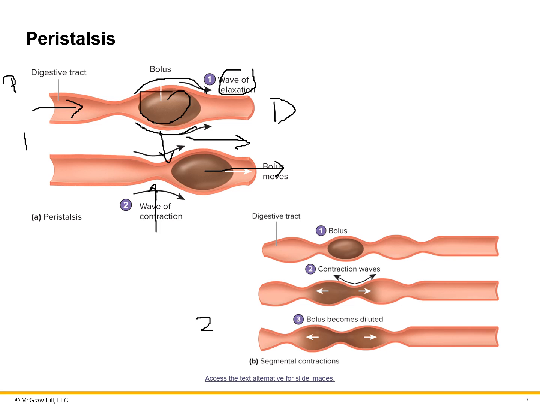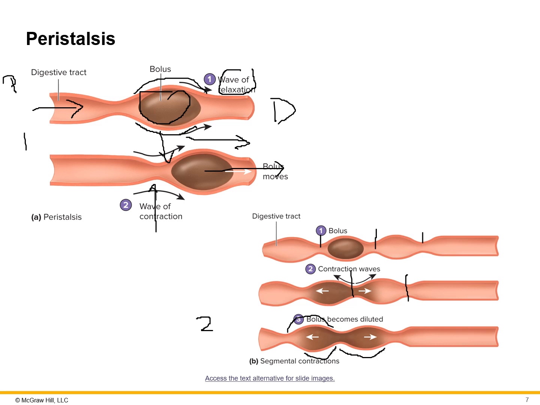So these contractions are segmental. So at any given point, you have some areas of the tube that are contracting and squeezing right here, and you can see right here. And then there are some areas of the tube that are widened due to circular muscle relaxation.